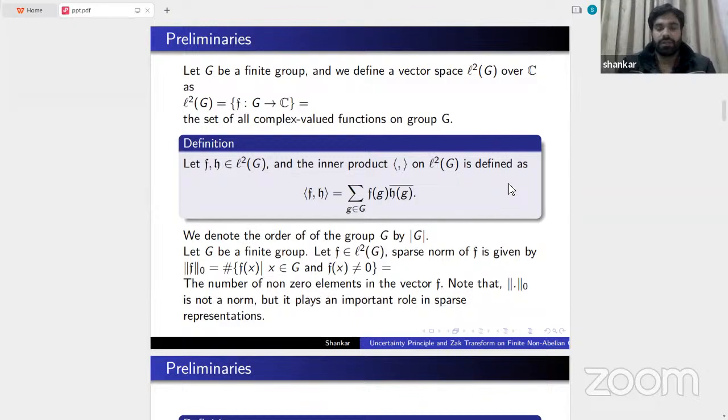Next, we have the definition of the sparse norm of an element from L square G. The sparse norm of F is the number of non-zero elements in the vector F, and this is the notation, norm 0. This is not a norm, but it plays an important role in sparse representation.